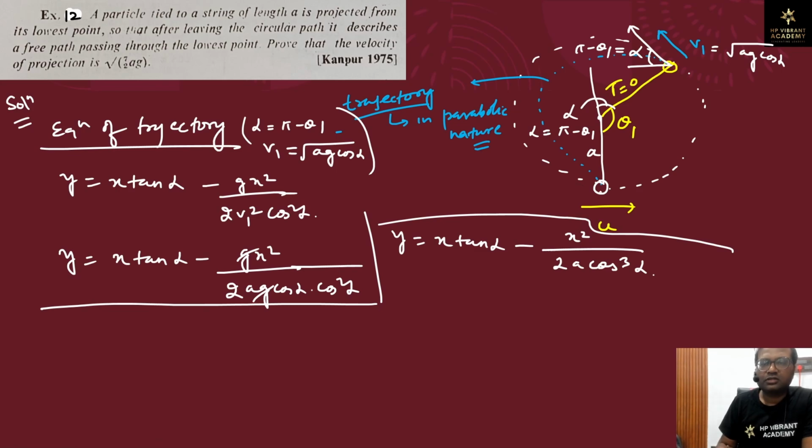So, in the question it is being asked that this projectile will pass through the bottommost point. So let us find the coordinate of the bottommost point. So this distance will be, this is a, so this is alpha, so this is also alpha. So this value will be a cos alpha, and this value will be, sorry, a sin alpha.